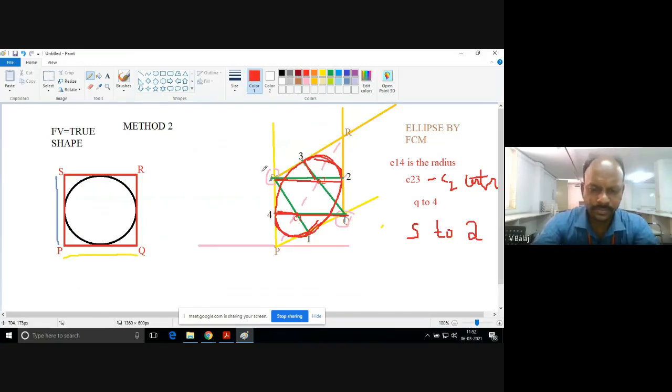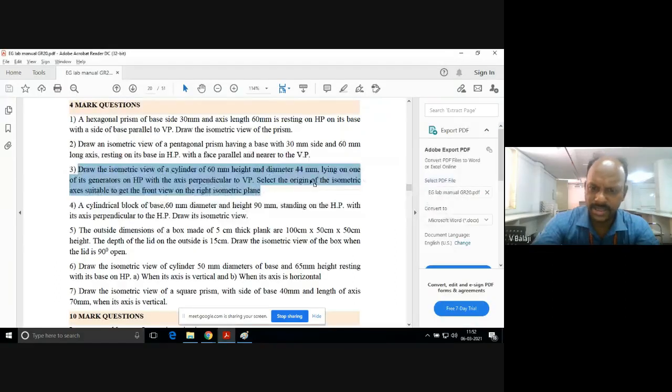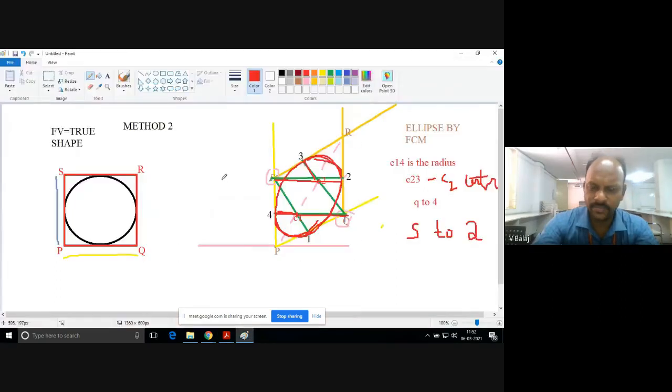Now, how to extend this solution for getting the cylinder? The axis length is the generator. Here we need to draw one, the axis is given as something like 60 mm. So from PQRS, initially take PQRS. Okay, I will take some other color. So draw 60 mm lines.